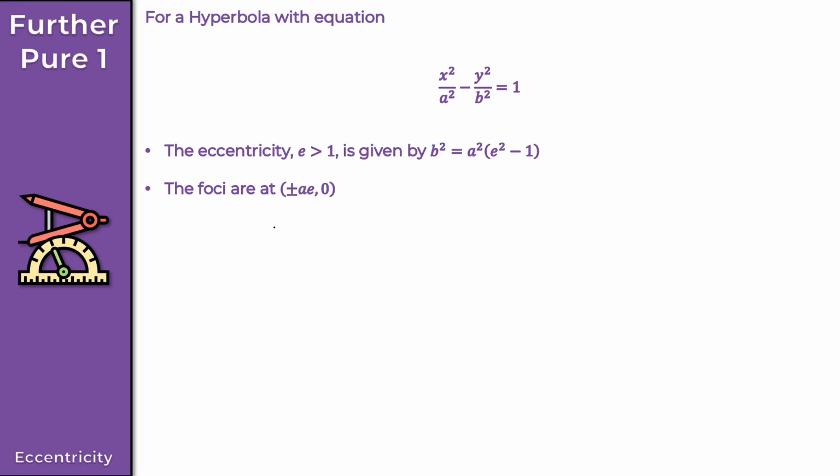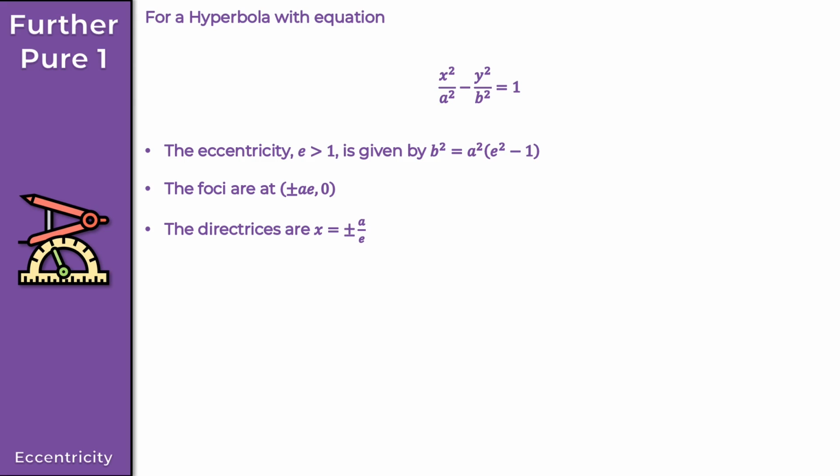The foci are at plus or minus ae, 0, just the same as an ellipse. And the directrices are x equals plus or minus a over e, again just the same as an ellipse. That concludes our introduction to the eccentricity for a hyperbola and an ellipse.